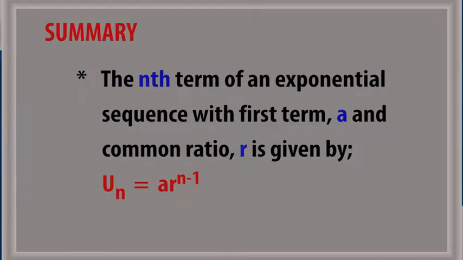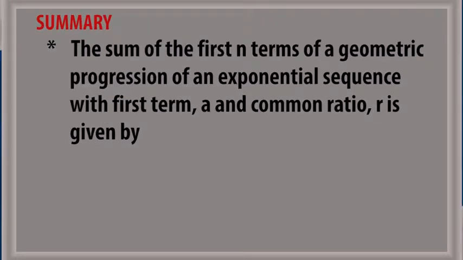And finally, the sum of the first n terms of a geometric progression of an exponential sequence with first term A and common ratio R is given by Sn is equal to A multiplying 1 minus R raised to the power n, divided by 1 minus R. That is when R is less than 1.